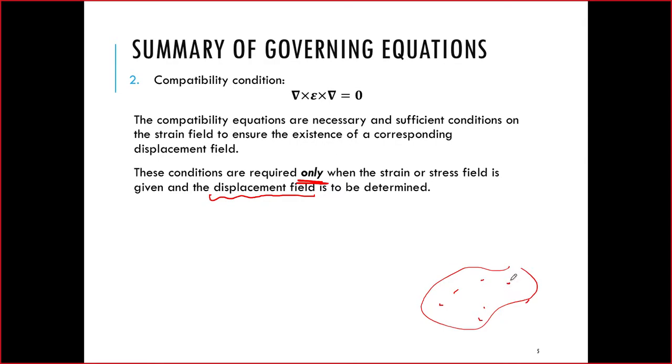So stresses निकल गए तो Hooke's law लगा के हमने strains निकाल लिए, तो अब जो strain से अगर हम displacement निकालने की कोशिश करेंगे तो फिर हमें ये compatibility लगानी पड़ेगी. ठीक है, it's always when we're going from strain to find displacement when this comes into effect. Otherwise, we don't need this condition.